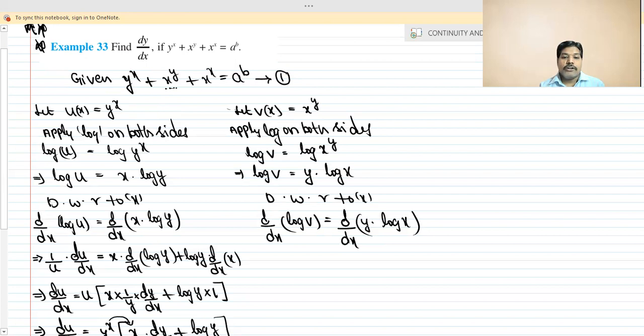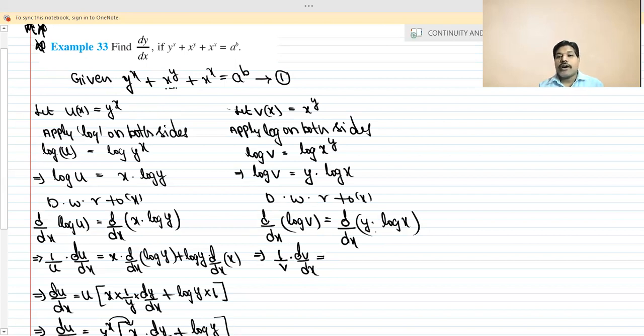Already you know, students, the derivative of log v is nothing but 1 by v into dv by dx. So that is equal to what?